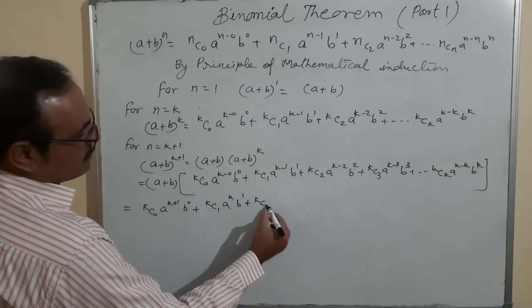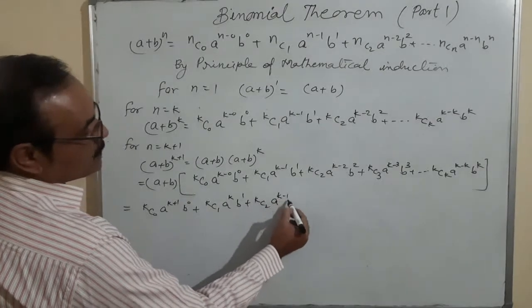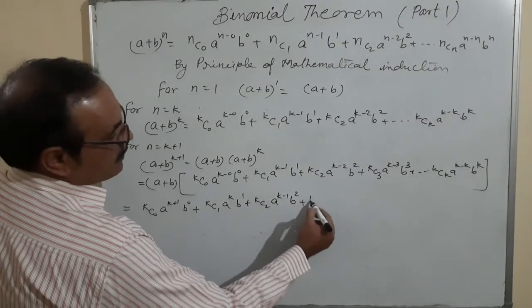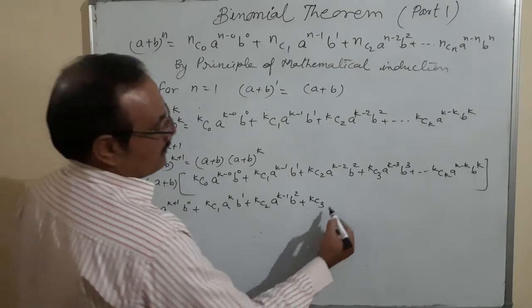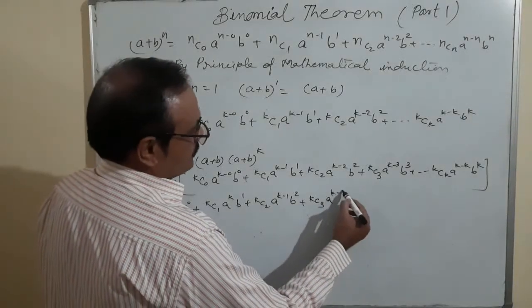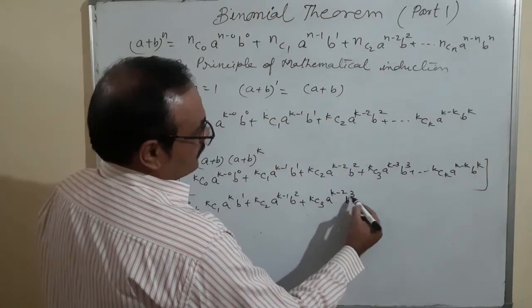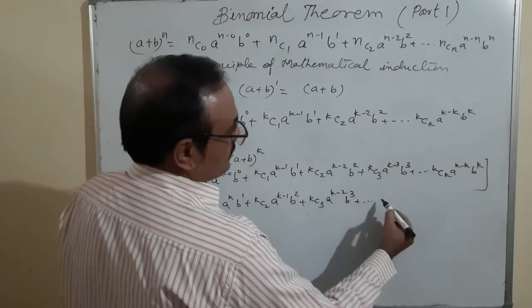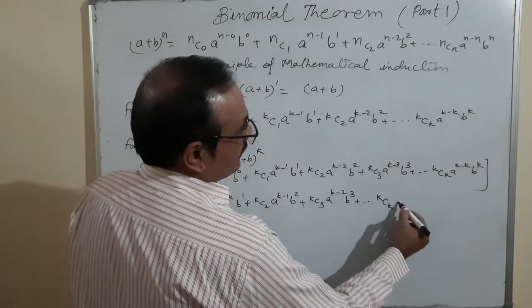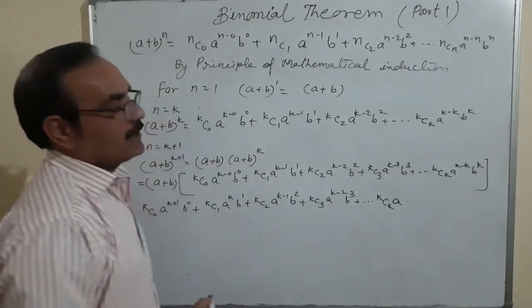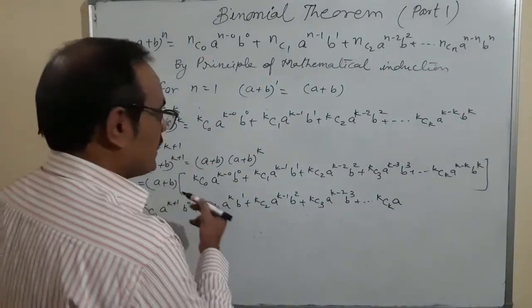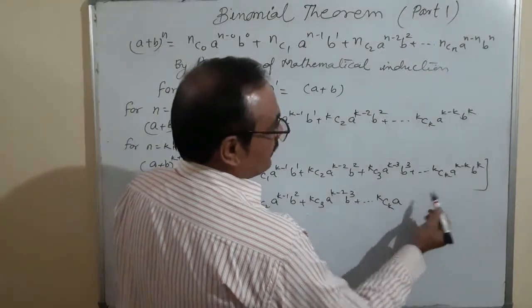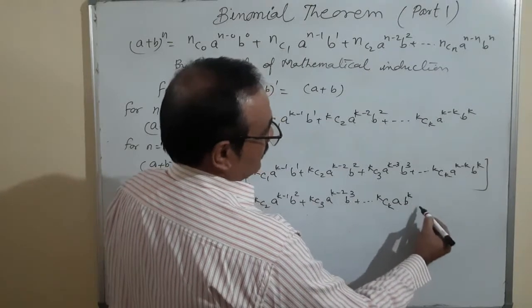Plus kC2 a to the power k minus 1, b to the power 2. Plus kC3 a to the power k minus 2, and b to the power 3. And plus kCk, a to the power 0 which is multiplied by a, that means only a, and b to the power k.